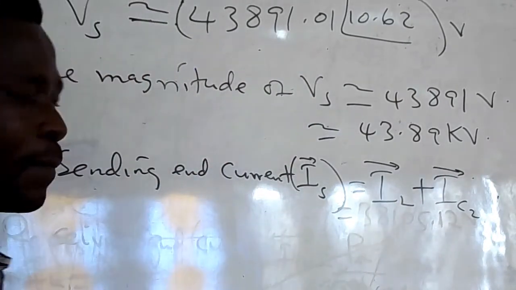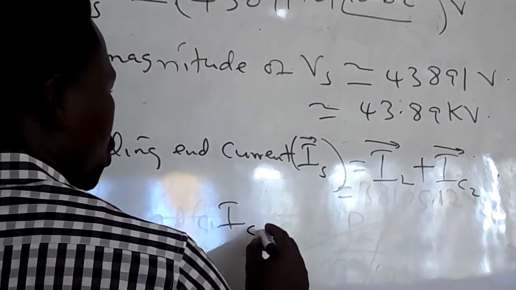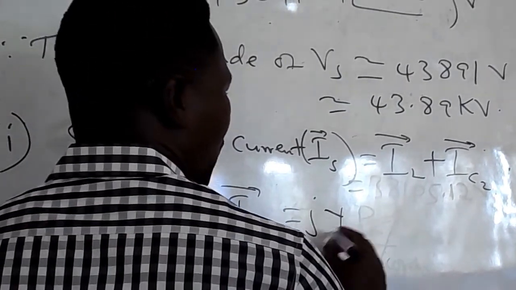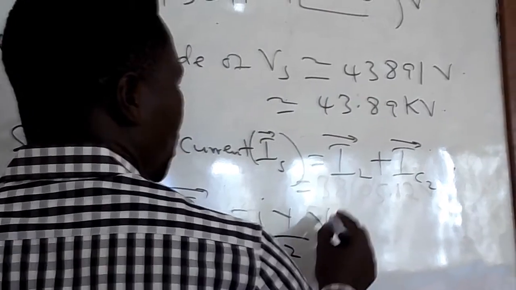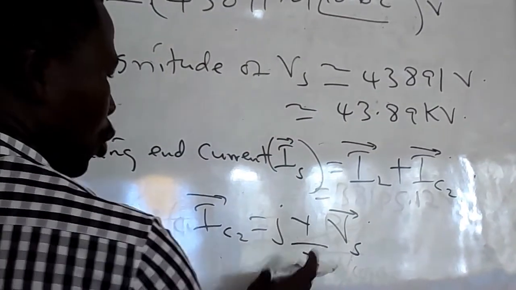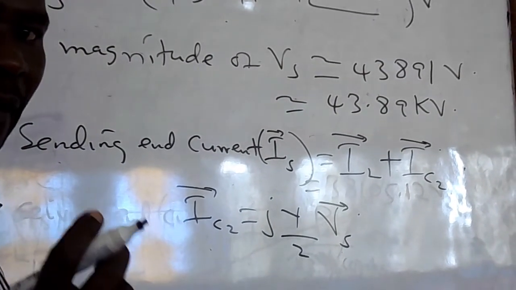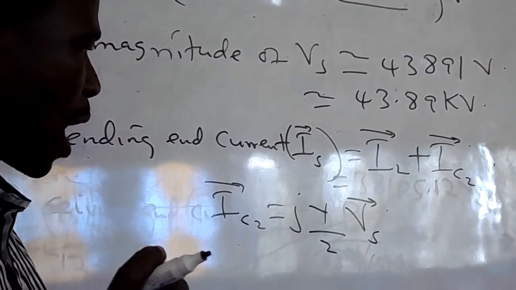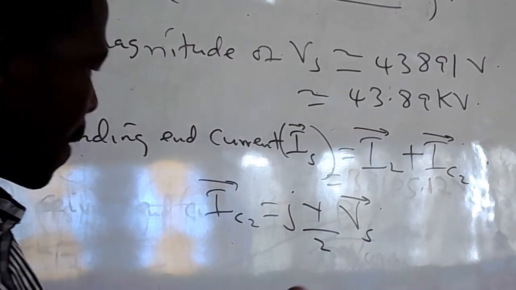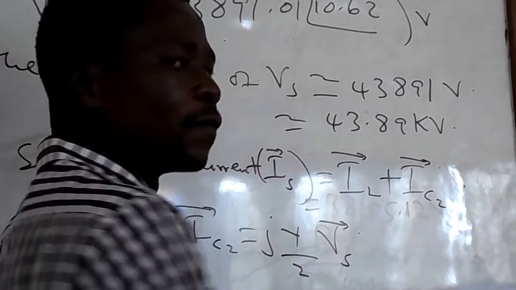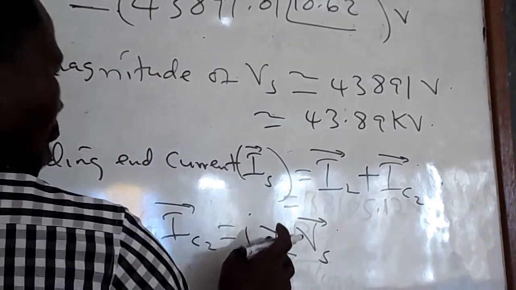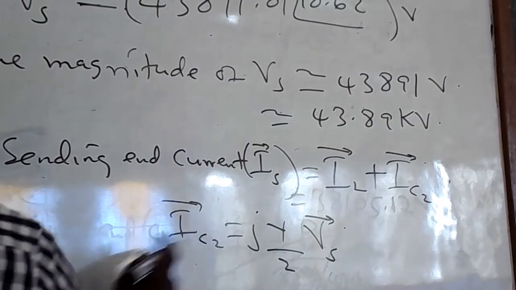And remember, IC2 is equal to jY over 2 times the voltage at the sending end. Now, Y over 2 is coming as a result of the capacitance being divided into 2. Half is at the sending end, half is at the receiving end, times the sending end voltage. The sending end voltage we have obtained here. We also have Y, so we can go ahead and get IC2.